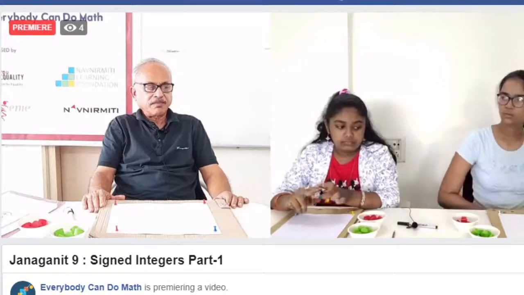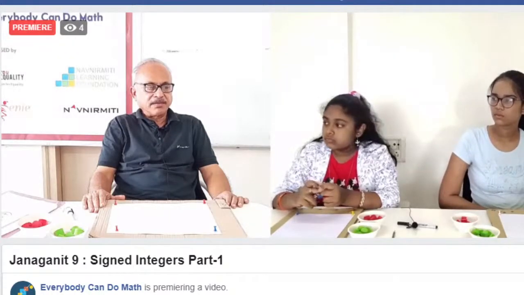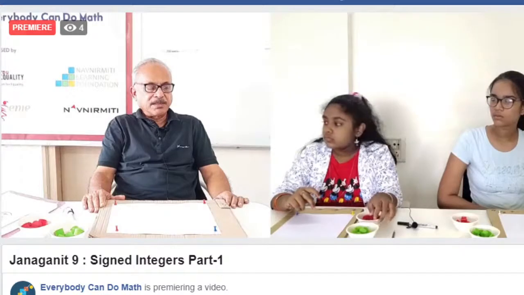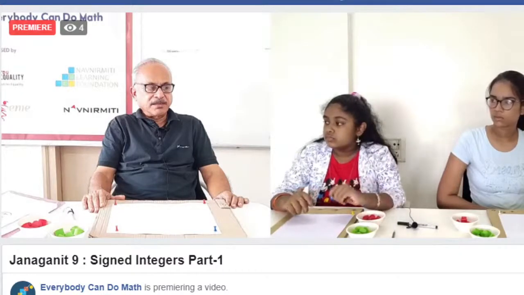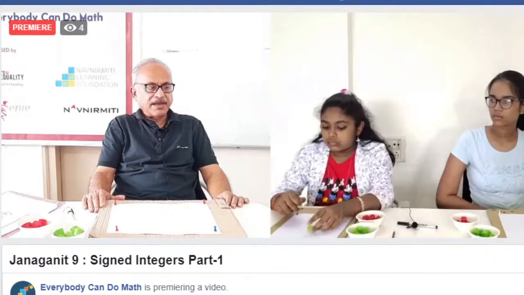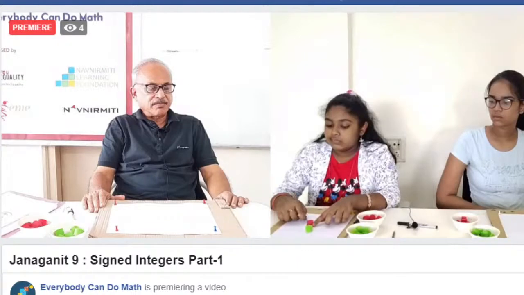Nandita, you take negative 1. And Jyoti, you take positive 1 and negative 1.